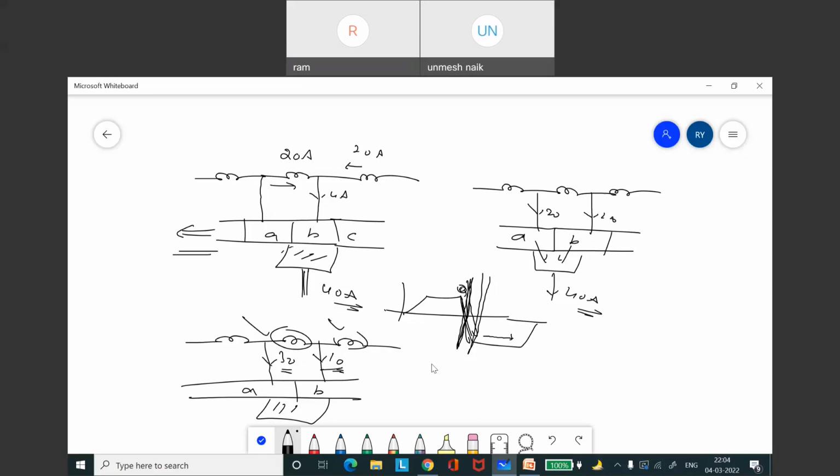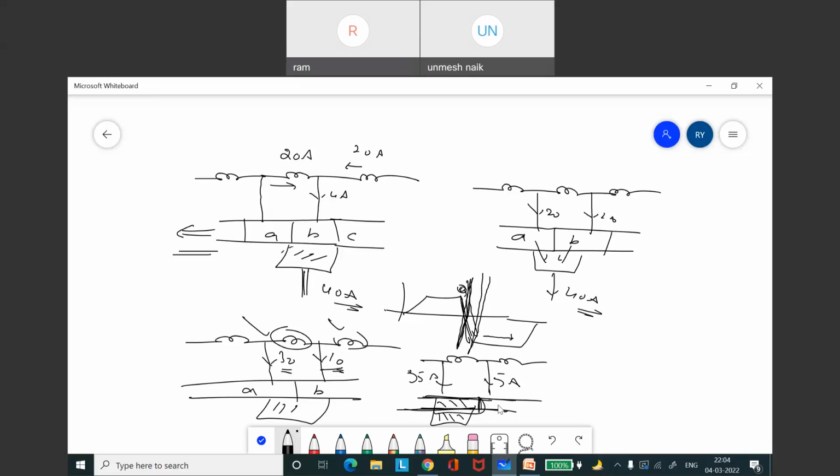Actually, if it moves further, it should be 35 amps and this should be 5 amps. Again, we'll get 40 amps. But suppose this is a commutator segment, one segment is here, and now the brush is connected here.